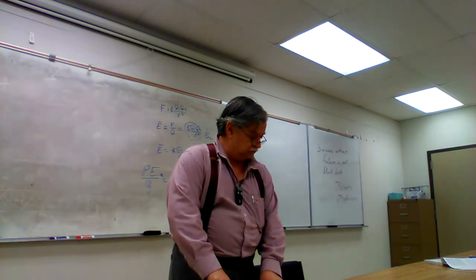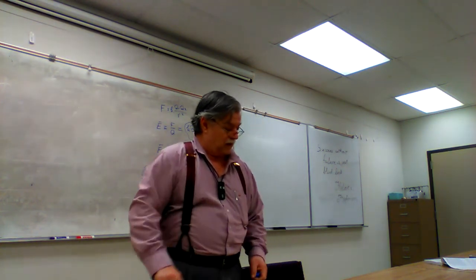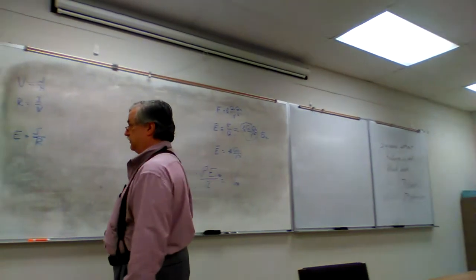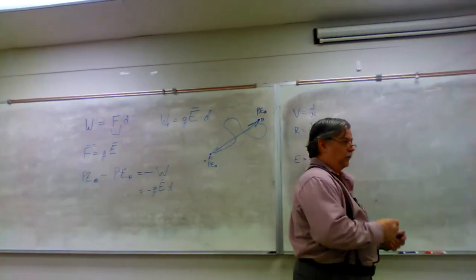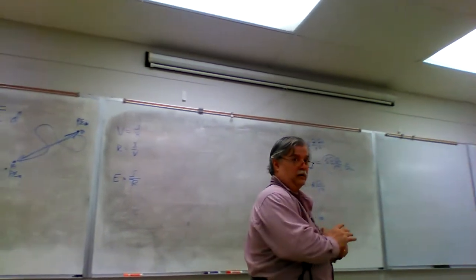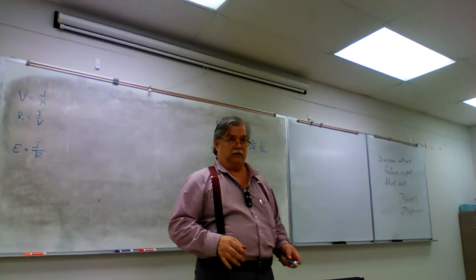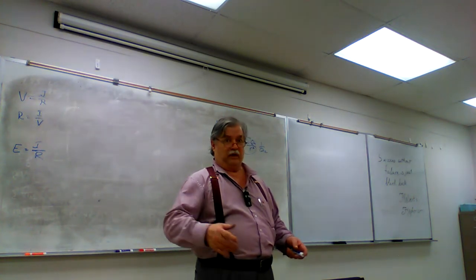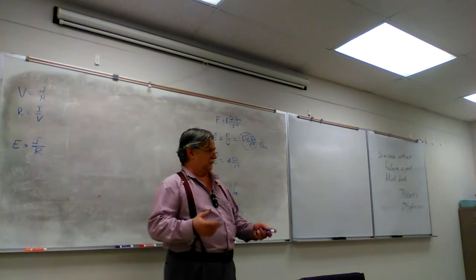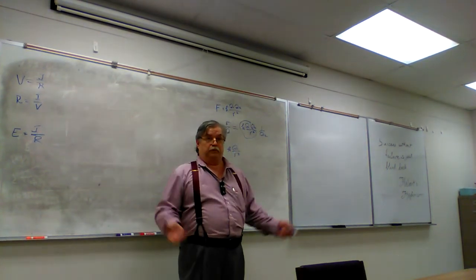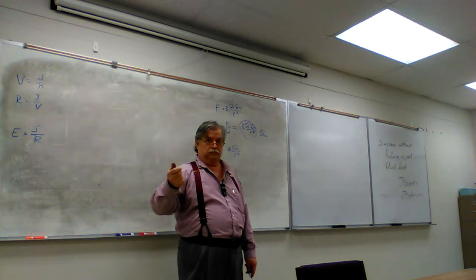Now, if we talk about the change in potential energy, because every time you measure voltage, you always measure it relative to some other point, correct? Usually ground. Have you ever used a voltmeter with just one probe?